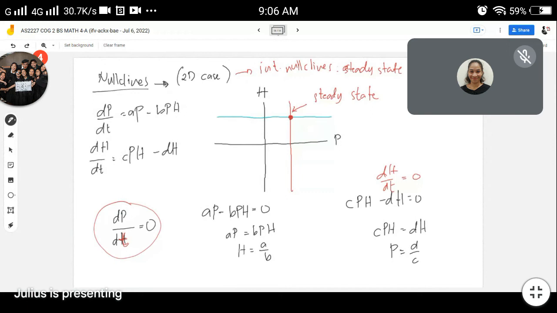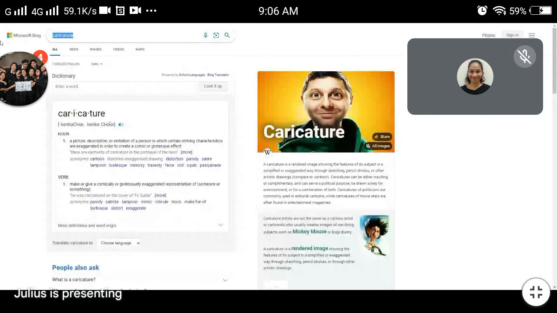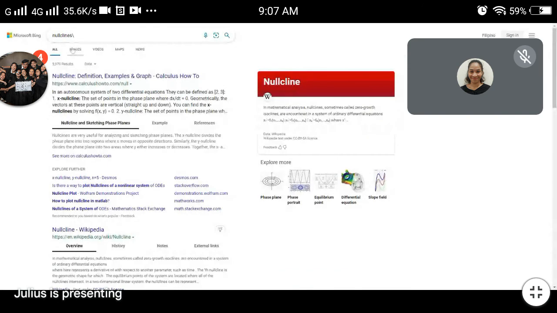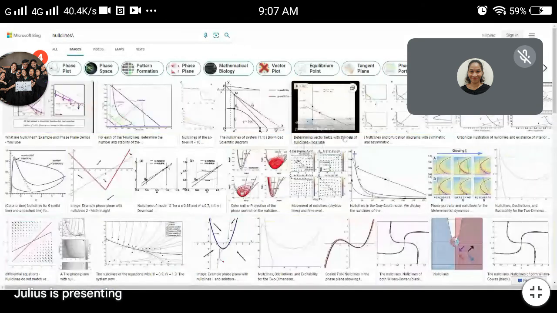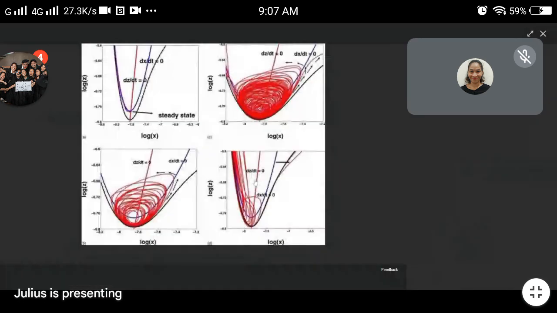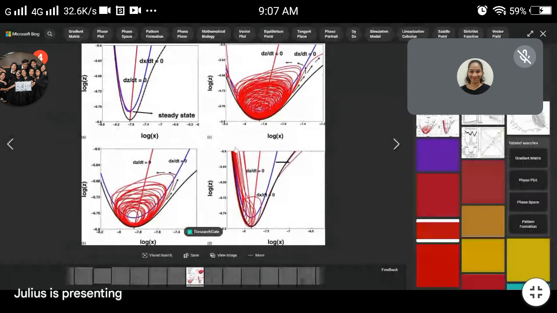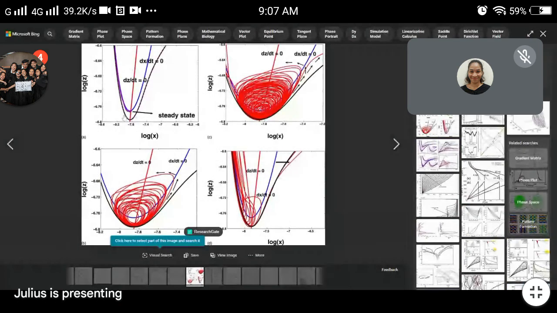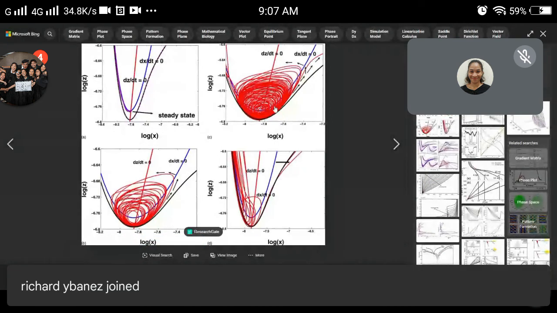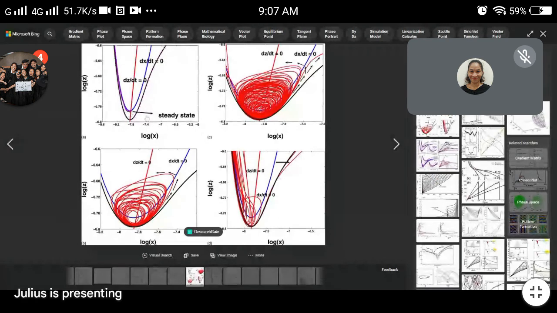Let me show you, let's look at Google. Null lines. Here is an example. Using these graphs, the blue and the other null lines, you can describe the behavior of the function with respect to that steady state. The intersection is a steady state.